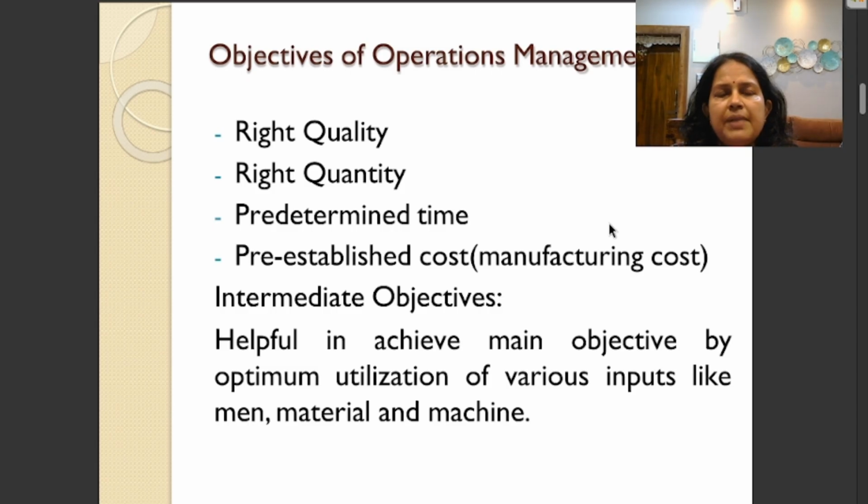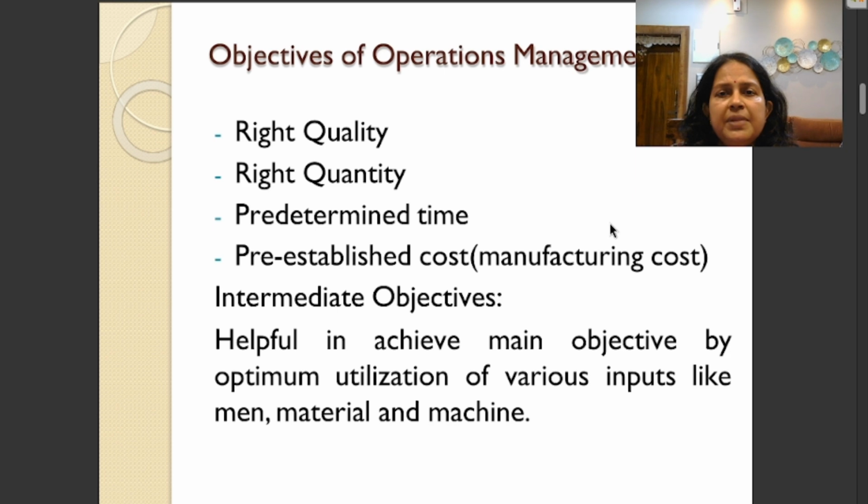Pre-estimated cost is the manufacturing cost we need to establish, that is, what will be the cost of the products, so that we are able to generate revenue for the firm or the organization. That is the main motto, because as an operation manager we always try to optimize the cost, optimize the use of resources, and generate revenue for the firm or the industry.